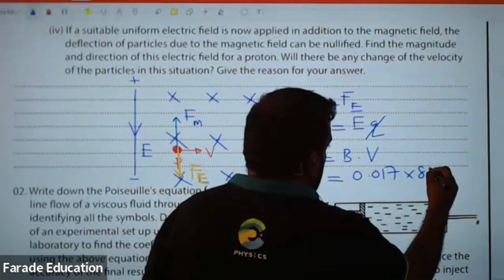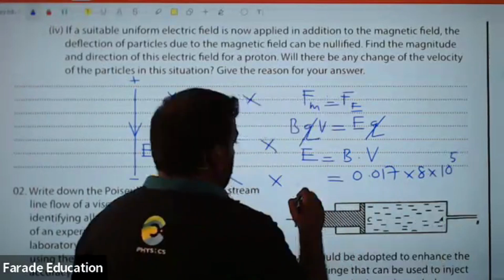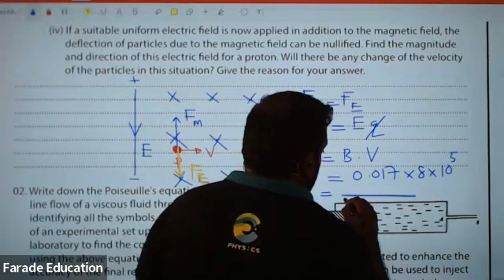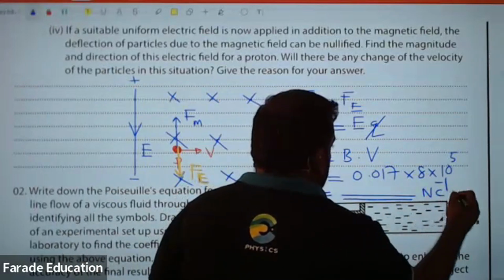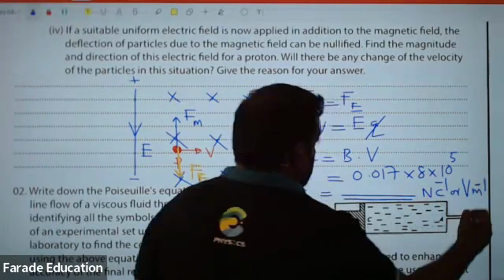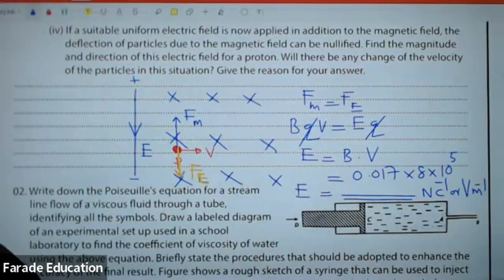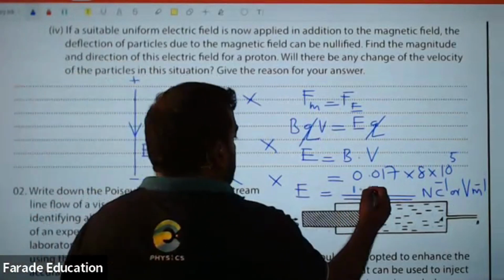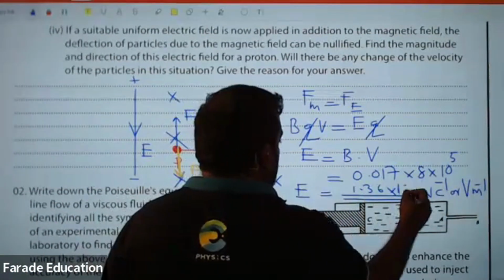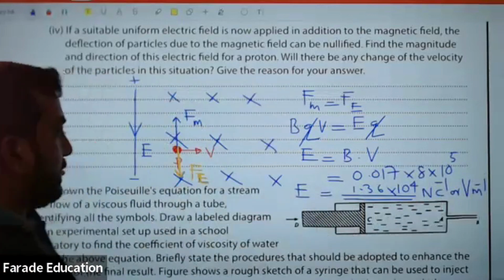Velocity is 8 × 10⁵ meters per second. From this, you can find the required electric field in newtons per coulomb or volts per meter. What will be the value? The value will be 1.36 × 10⁴.